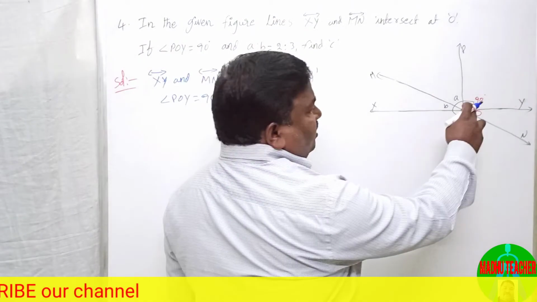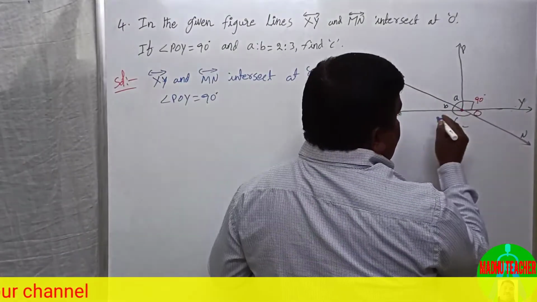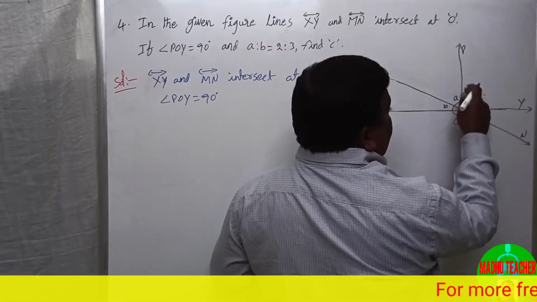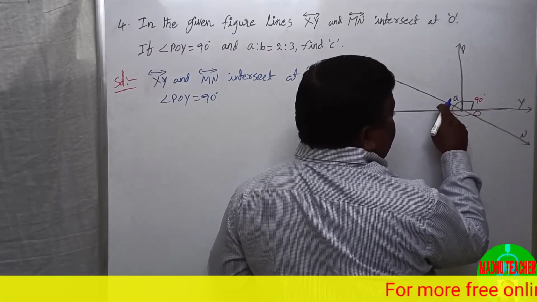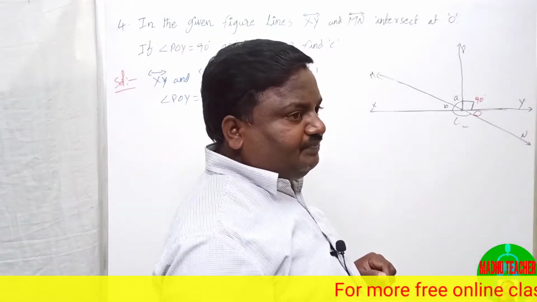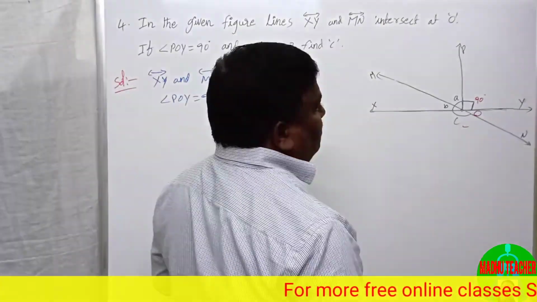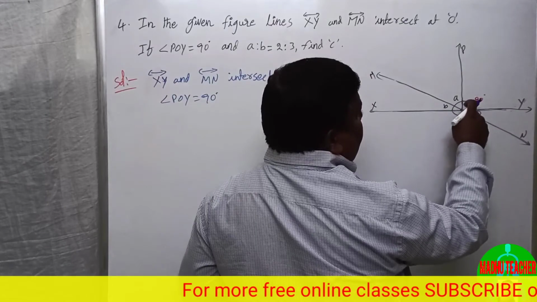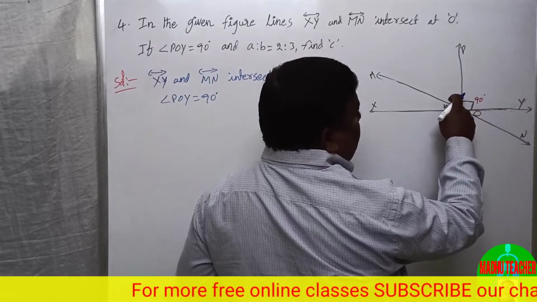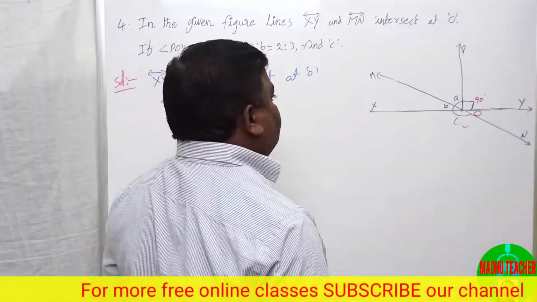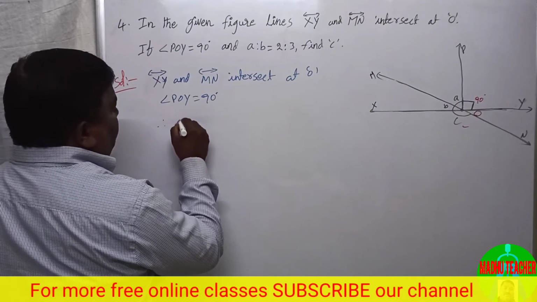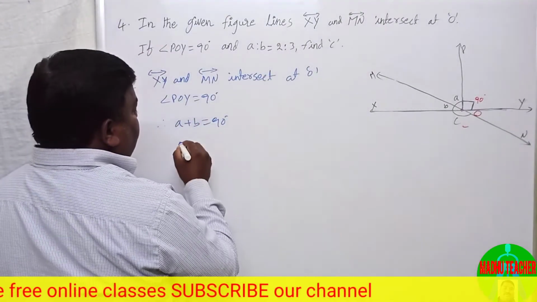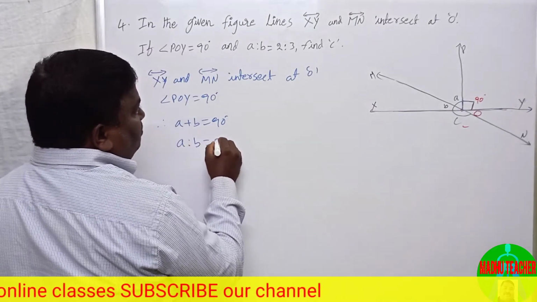So by observing this, it is a line, so 90 means A plus B should be 90. That means OP is perpendicular to XY. If it is perpendicular, it is 90. Therefore A plus B equals 90 degrees. But what is given? A is to B equals 2:3.